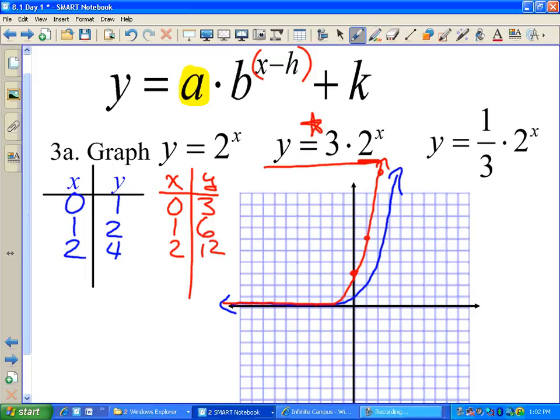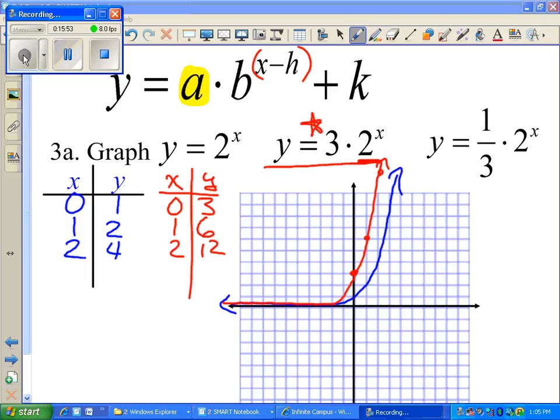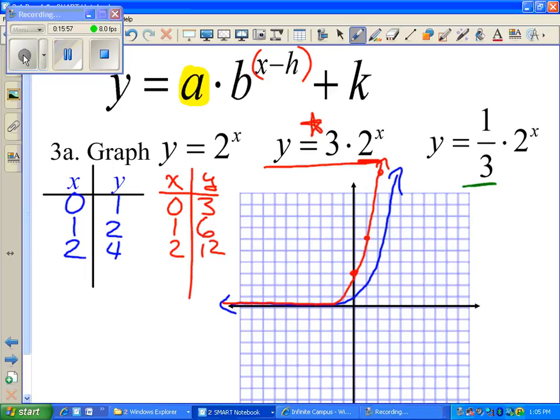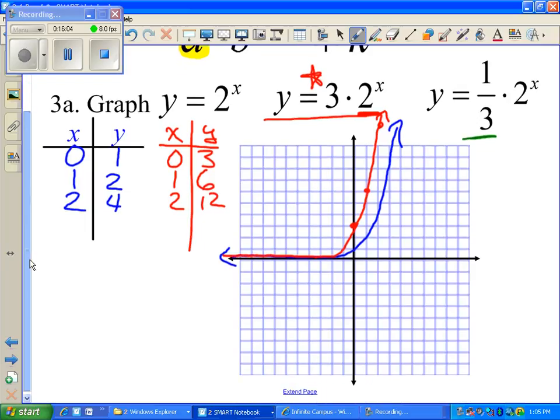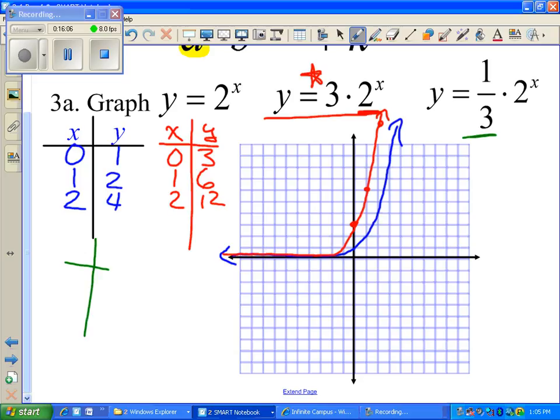All right, so here we go. What happens now if instead of having that 3 in front, I now have a 1/3, a fraction, a number between 0 and 1? Let's see what that does. So when I do my XY table again, the 0, the 1, the 2 are the same. When I do 2 to the x, I get the same numbers, 1, 2, and 4.